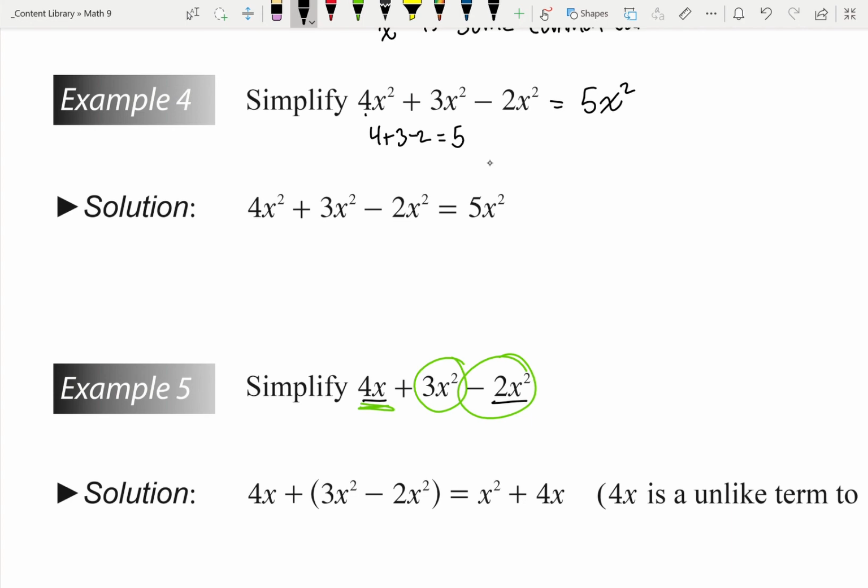So I can add together these, but I can't add this. So to put this together, 3 minus 2 would give me 1x squared. The 4x I can't touch.